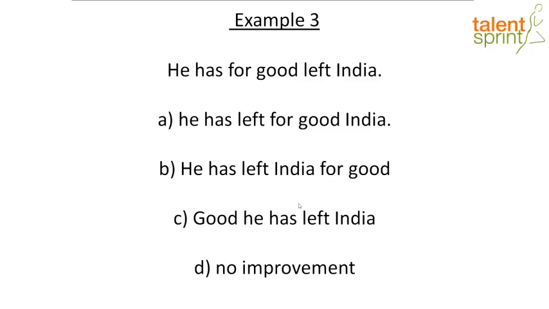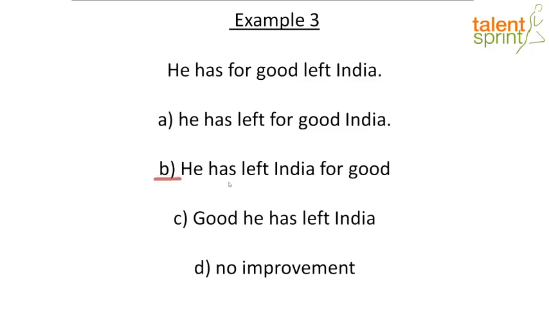Now this seems like the right fit. He has left India for good. But let's look at option C. Good, he has left India. Now this gives a completely different meaning, and in this context it does not adhere to the word order rule that we're looking at. So we fall back on option B, which is the right answer.